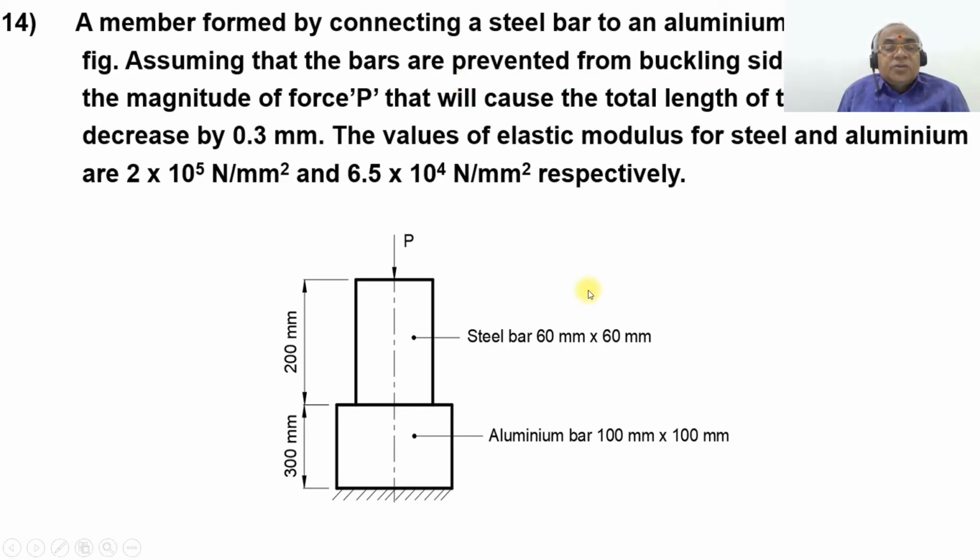So here, this is the composite bar, wherein you have the aluminium bar of 100 mm by 100 mm cross section, which has 300 mm length, and the steel bar of 60 mm by 60 mm cross section and 200 mm length. Combined together, you put a load of P Newton. So how to find that?